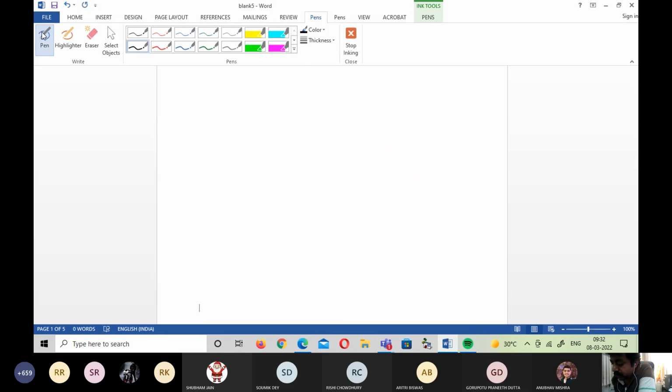Suppose I am writing the question here. Suppose un is n by 3 to the power n. Then what will be u(n+1)? (n plus 1) by 3 to the power (n plus 1).